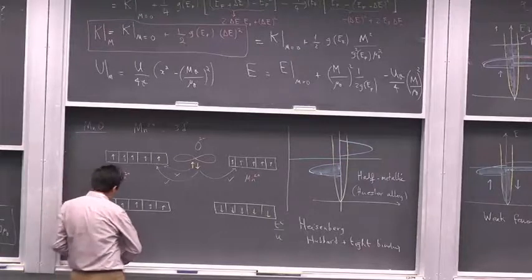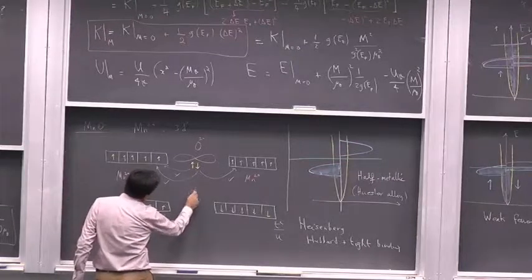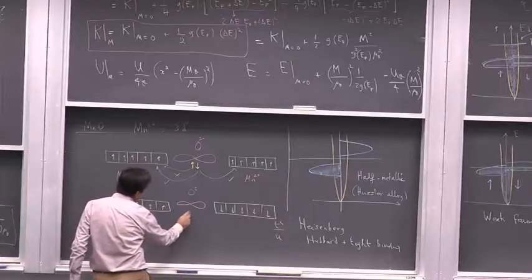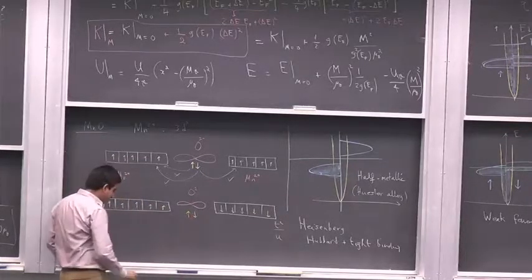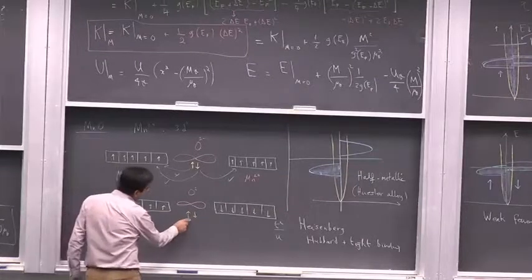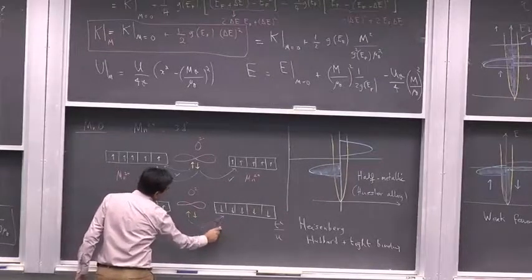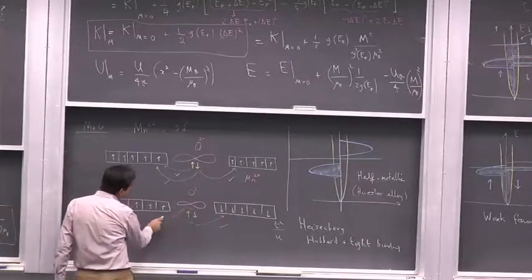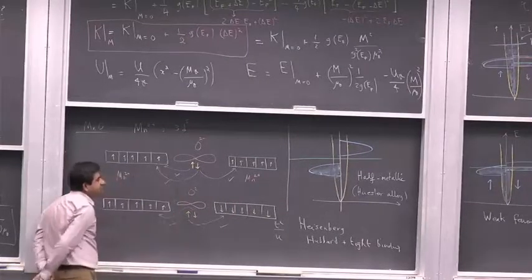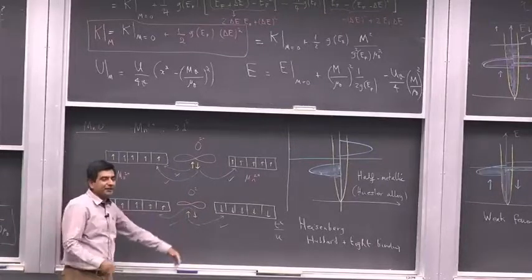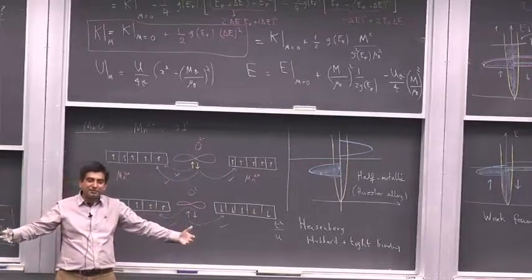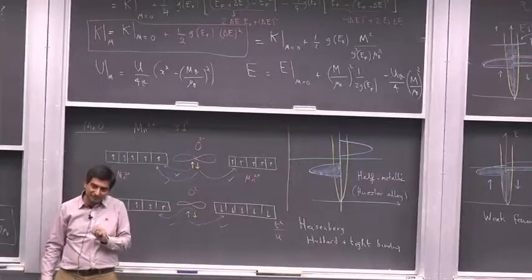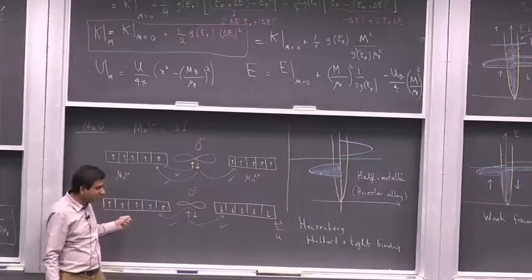Now you have the oxygen anion in between, which is the bridge between the two manganese ions, with two electrons. Now this electron can make this hopping, and this electron can make this hopping. So now each of the two electrons can minimize its energy. Out of these two configurations, this one is the lowest energy configuration.